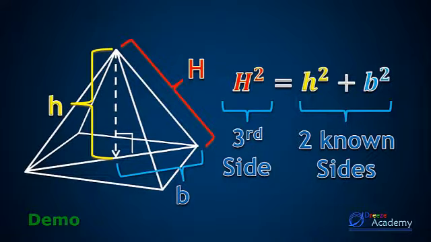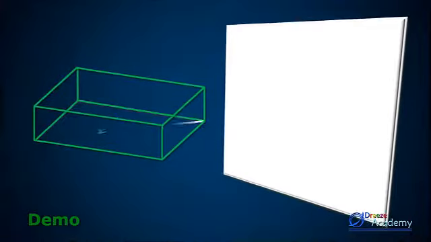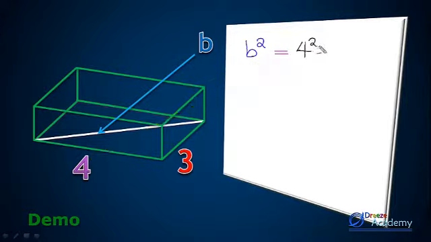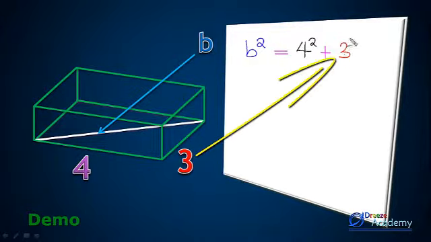I see. If we are to apply that, we would have b to be the longest side of the right-angled triangle formed with 4 and 3 as the other 2 sides. Yes, this therefore becomes b squared equal to 4 squared plus 3 squared.